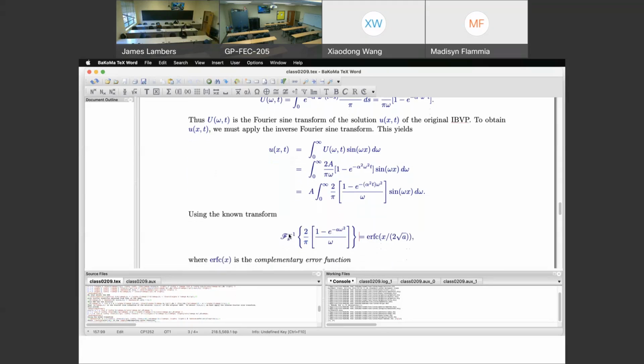It's known that the inverse sine transform of this expression, which is exactly what we have here, where little a is equal to alpha squared t, is called the complementary error function.